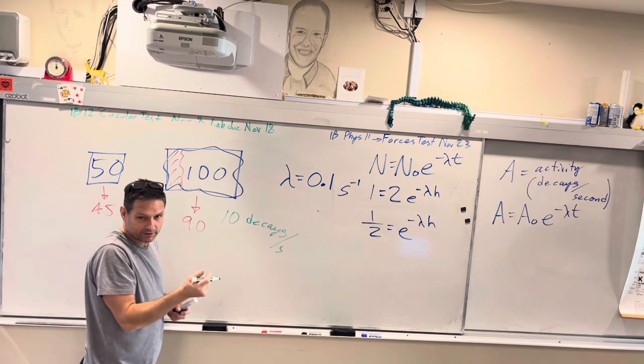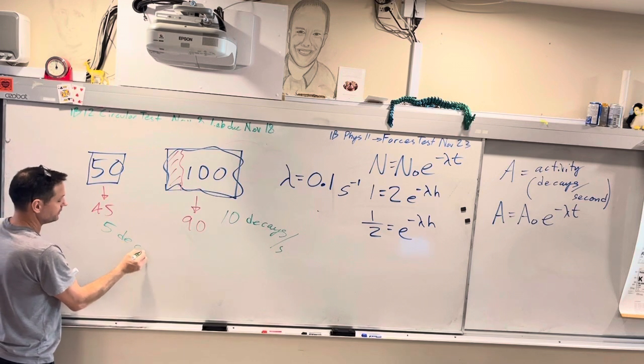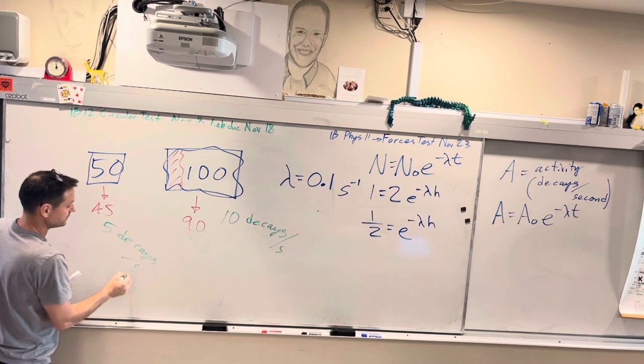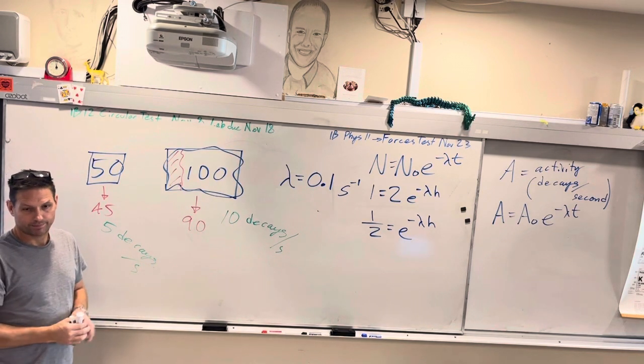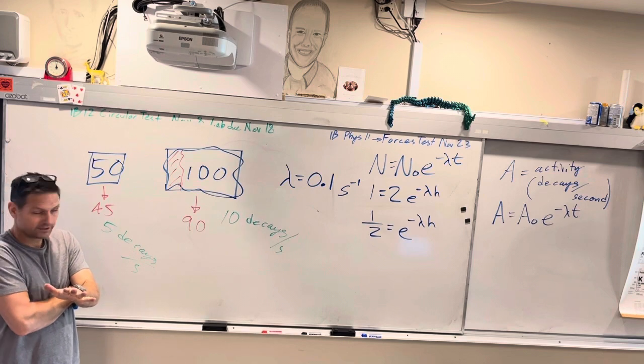And this one, you would have 5 decays per second, right? So if the 100 goes to 50, what does that mean? The decay per second goes down. Yes, exactly. That's exactly what it means.